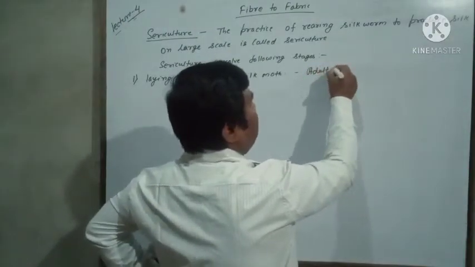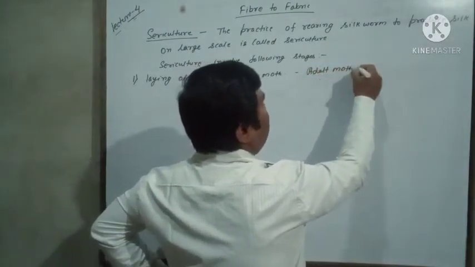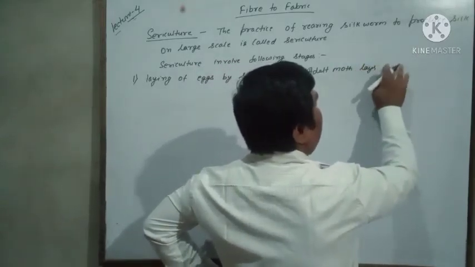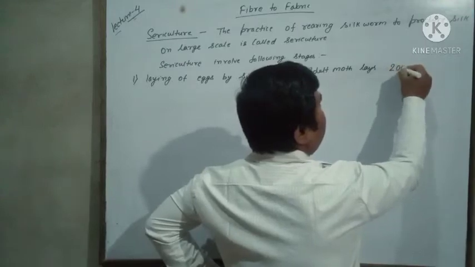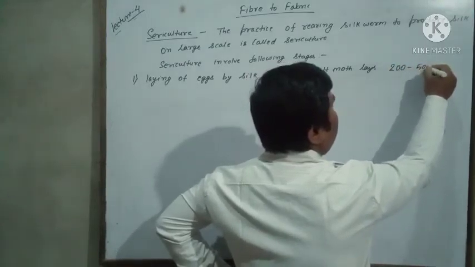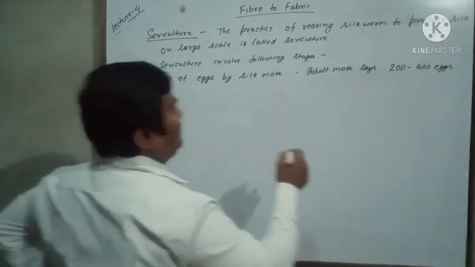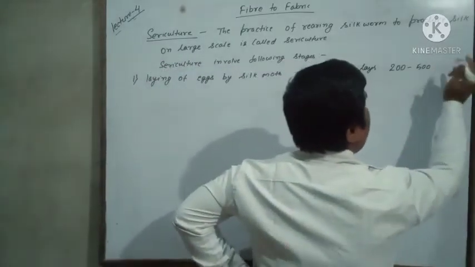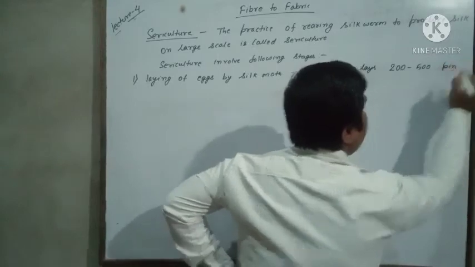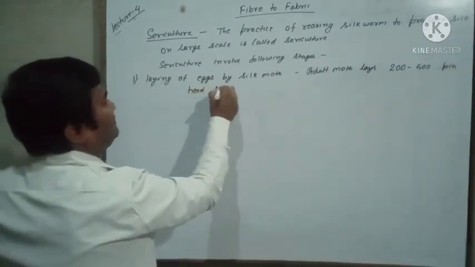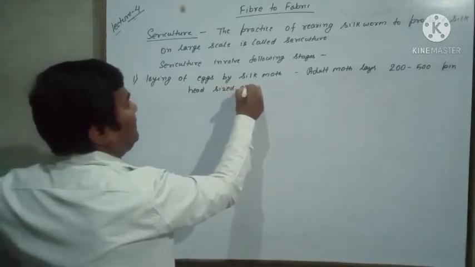Adult moth lays 200 to 500 eggs, pin head sized eggs.